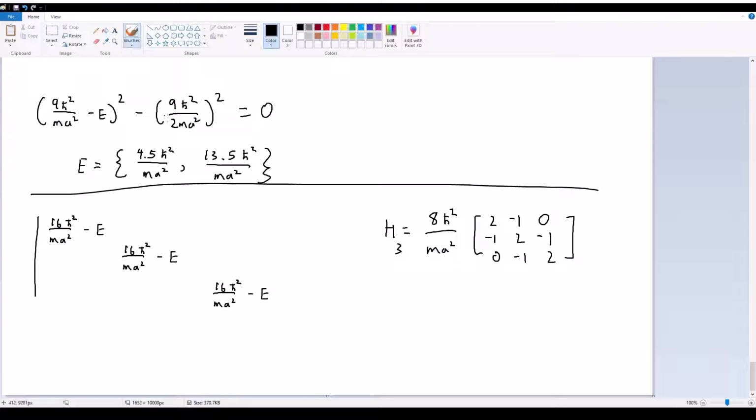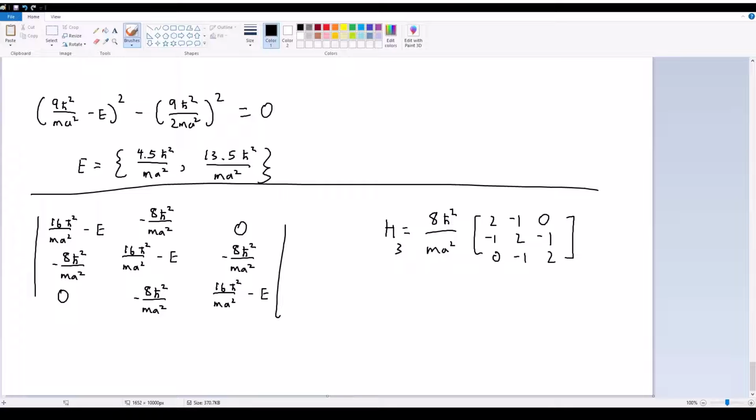The off diagonals are just 0, so those don't matter. Then we have the negative ones multiplied by the coefficient, so negative 8 h bar squared over ma squared. I'm going to copy paste this and move it down to all these off terms over here, like that. Now you just have to do a 3x3 determinant.